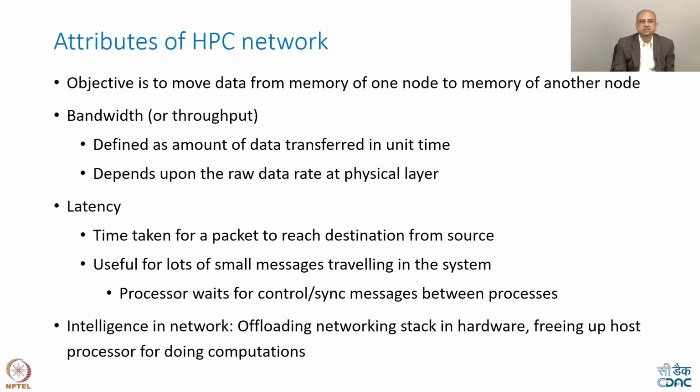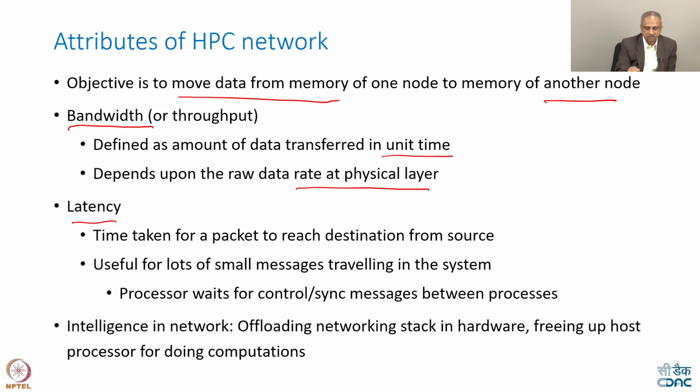This cluster is connected by an HPC network whose primary job is moving data from the memory of one node to that of the other. Two attributes are very important for this network. One is very high bandwidth, that is the amount of data transferred in a second, which is directly proportional to the link speed that connects the nodes to the switch.